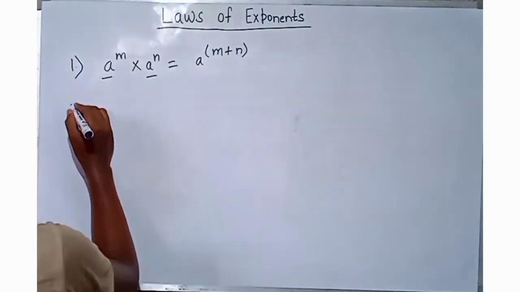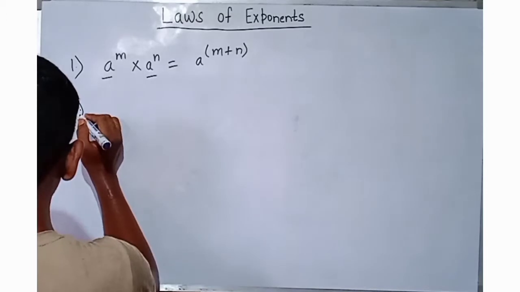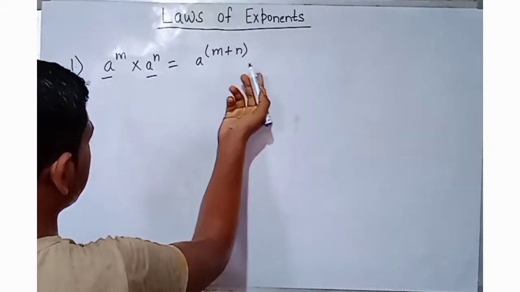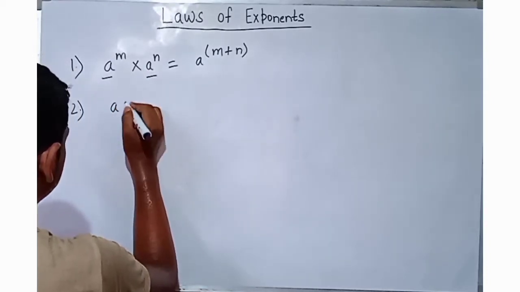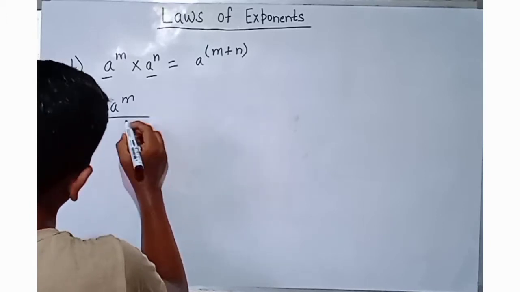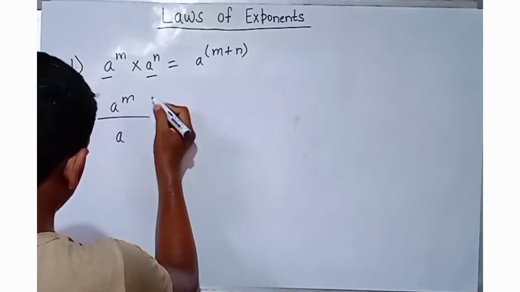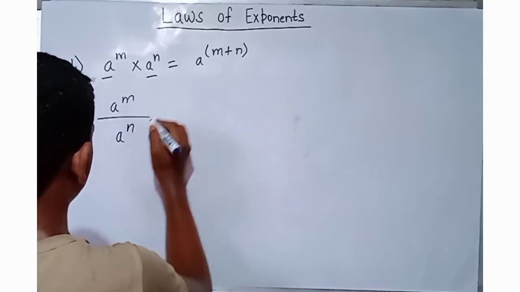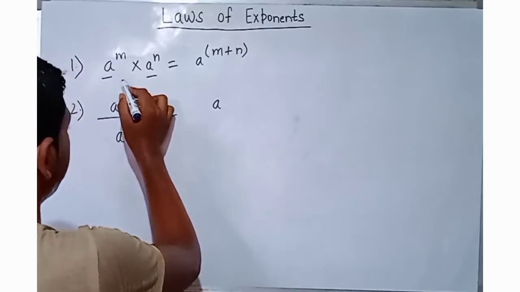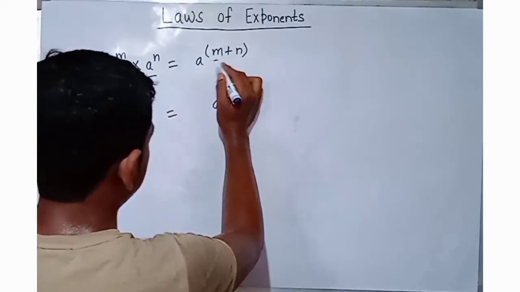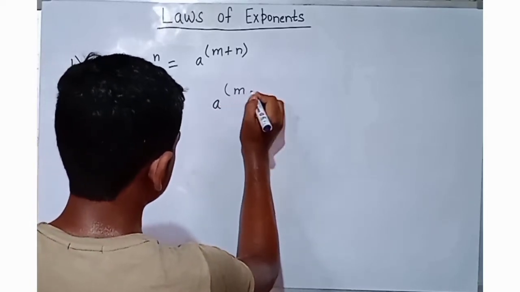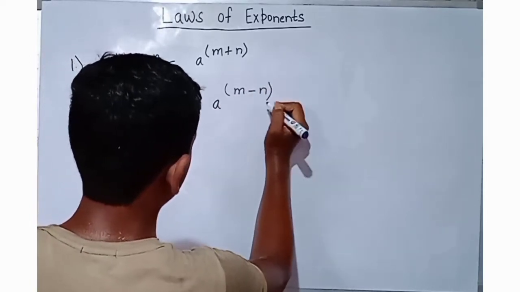The second law is a to the power m divided by a to the power n. See here, if multiplication is there, then it will be plus, and if divide is there, then it will be minus, so m minus n.